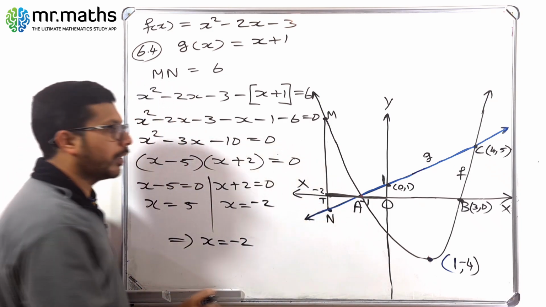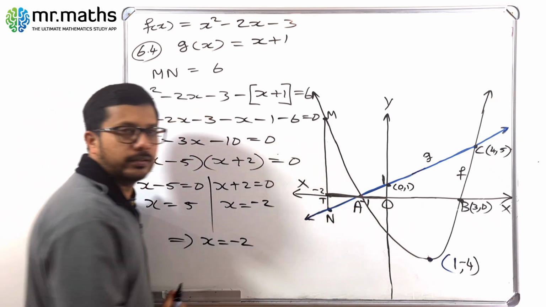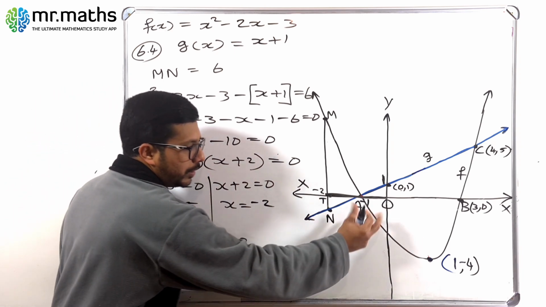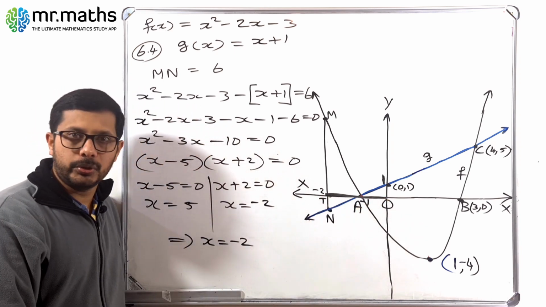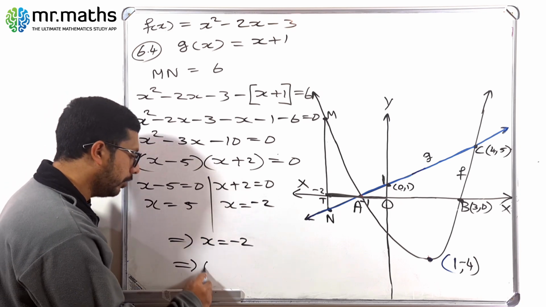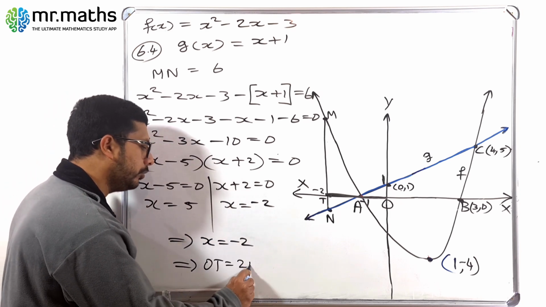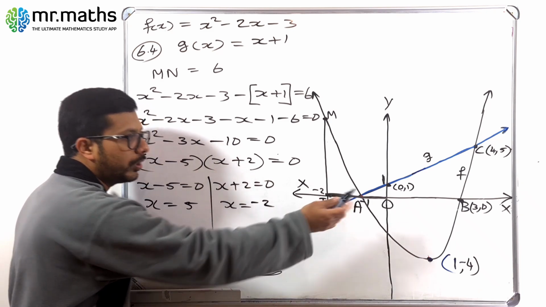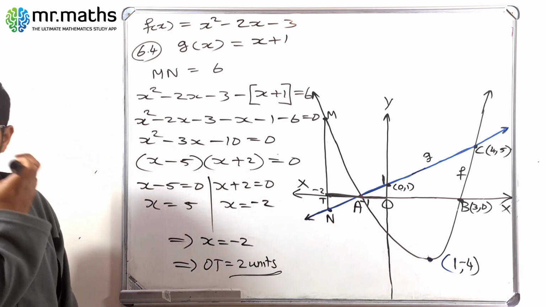So now can you say what is the length of this OT? Now you know that if this point's x value is minus 2, this OT is 2 units. It implies that OT is equal to 2 units. If here it is minus 2, then the length of that OT is 2 units.